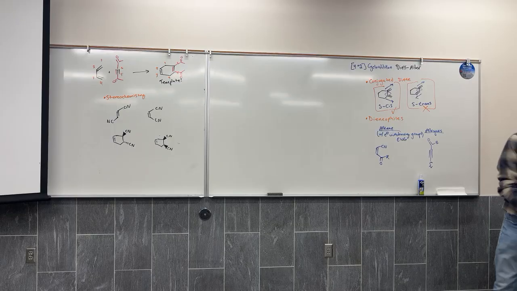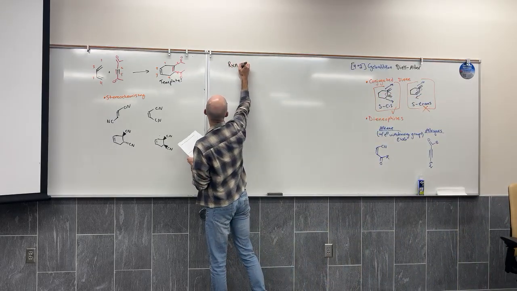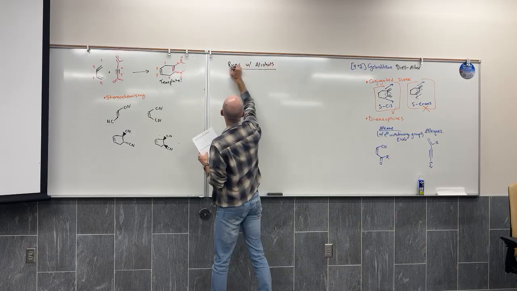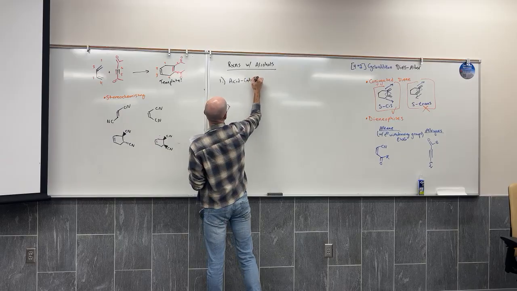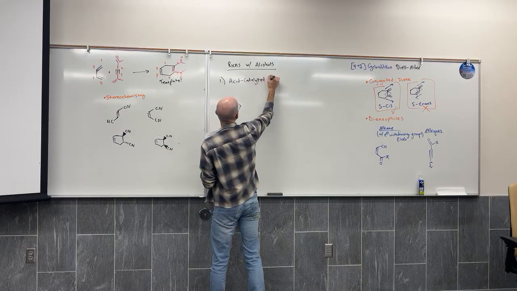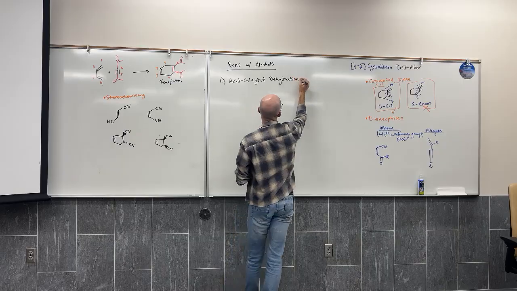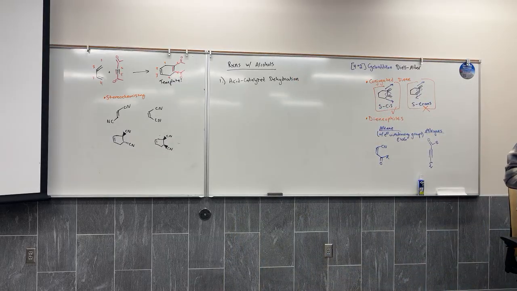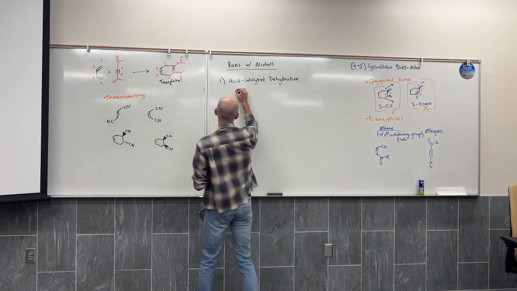Reactions with alcohols. We can see we've got 5 of them. The first one I want to show you is acid catalyzed dehydration. This is the equilibrium reverse reaction of acid catalyzed hydration.